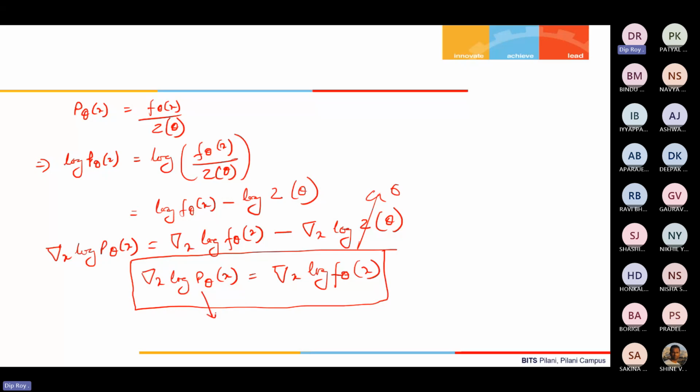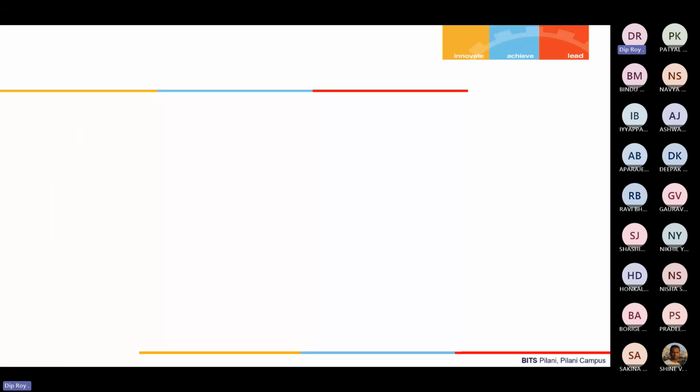This particular term here is called the Stein score function, or simply the score function. And how is this useful? It means that if we align them everywhere, the probability distribution will be equal.